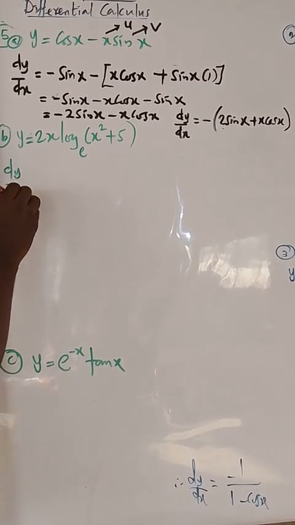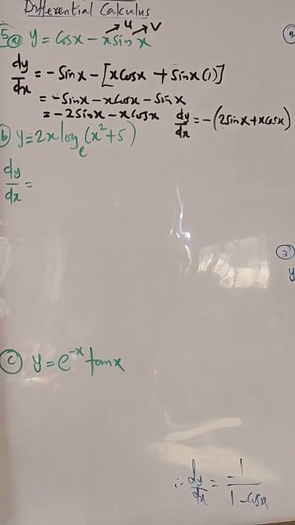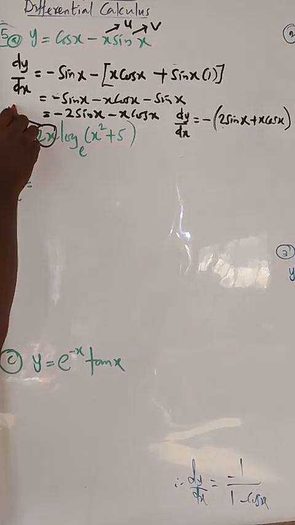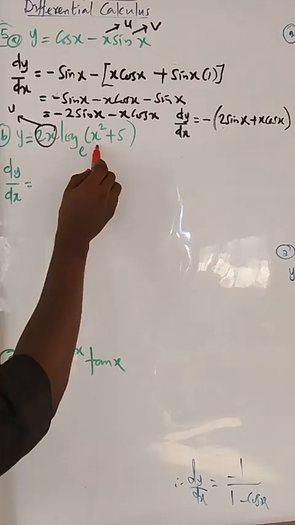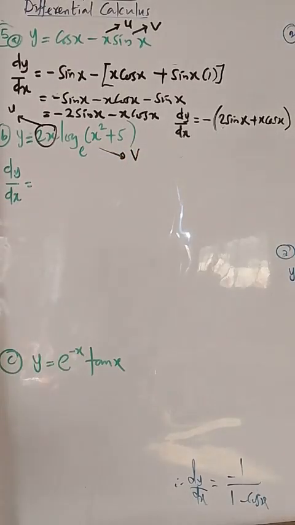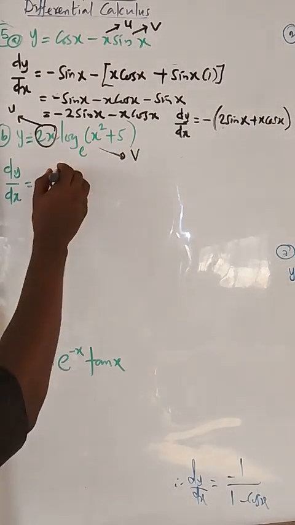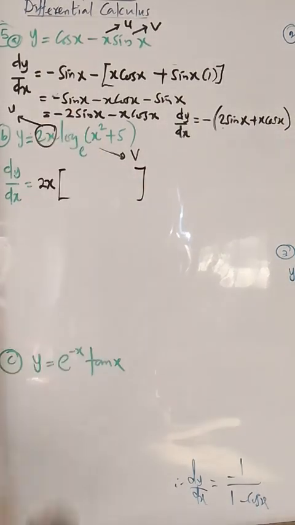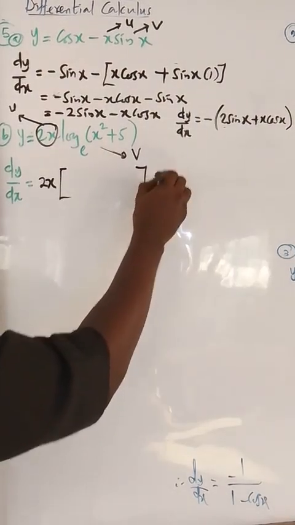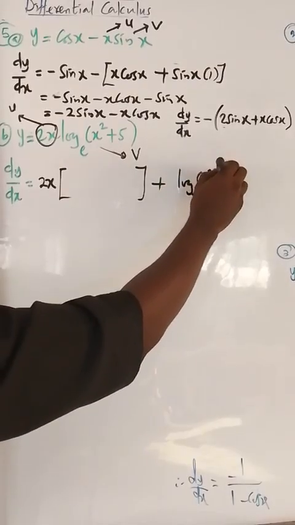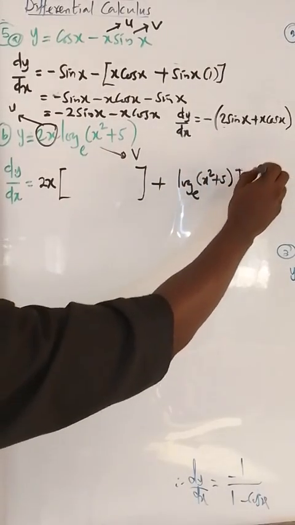Directly, I will say dy/dx equals, using function of a function, this 2x, let's call it u, and the whole of this, let's call it v. So using the product rule, leave the first, 2x, then differentiate the second, plus leave the second, differentiate the first.